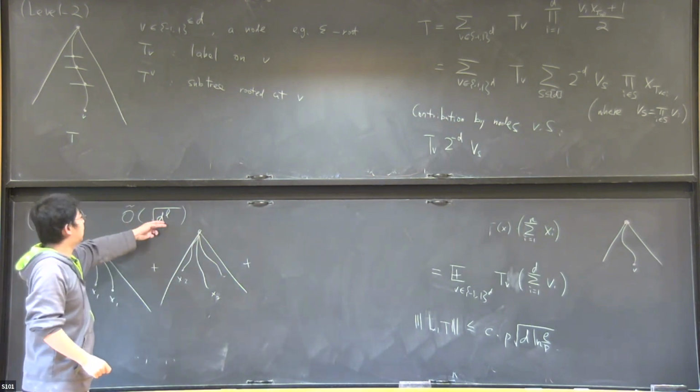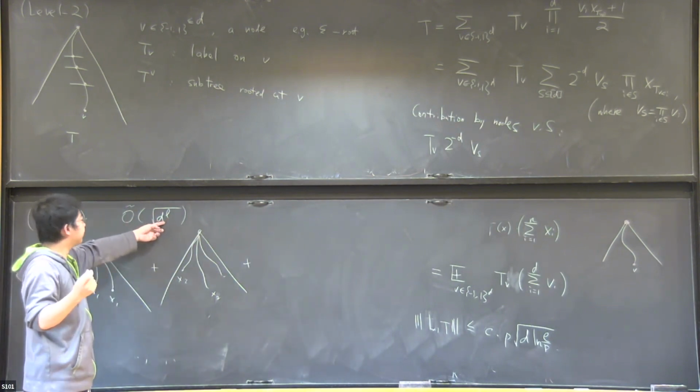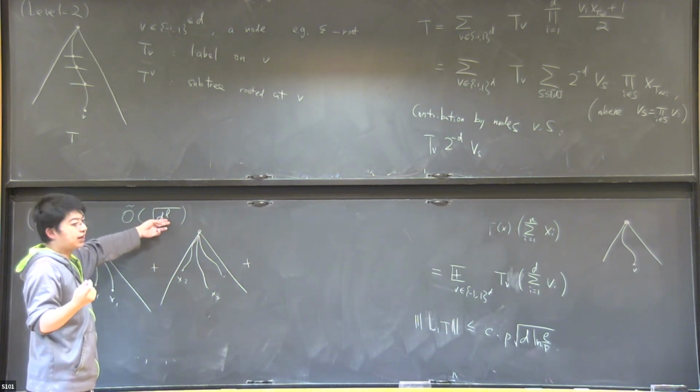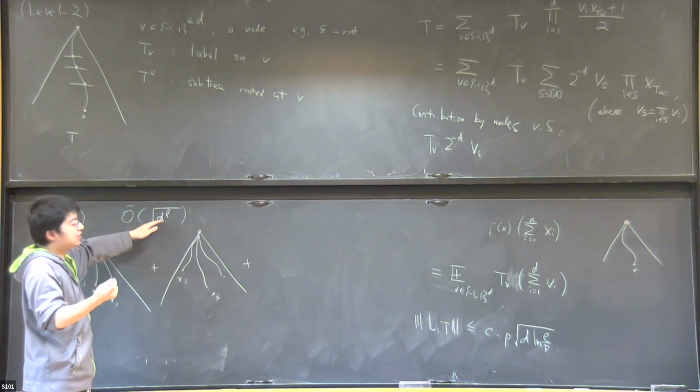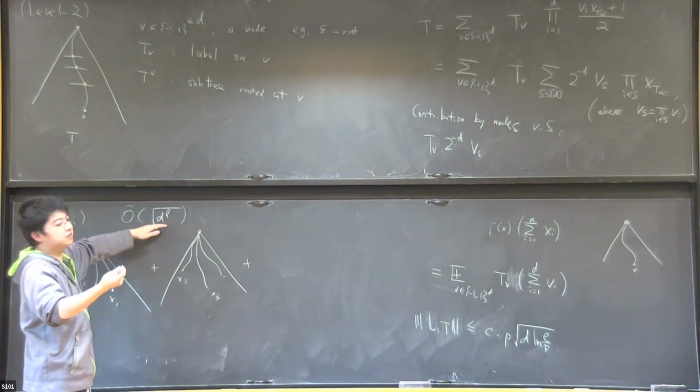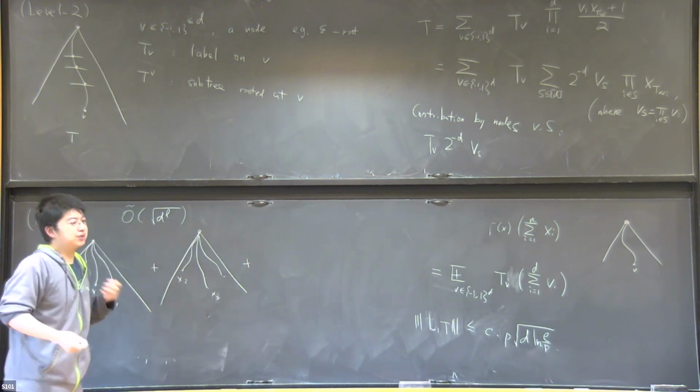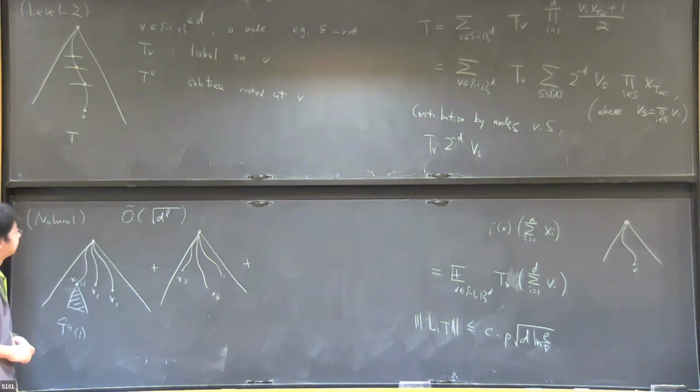For constant L, this is fine, but for large L, it will be problematic. Like d choose d is 1, but d raised to the power of d can be huge, so it matters when L is really close to d.